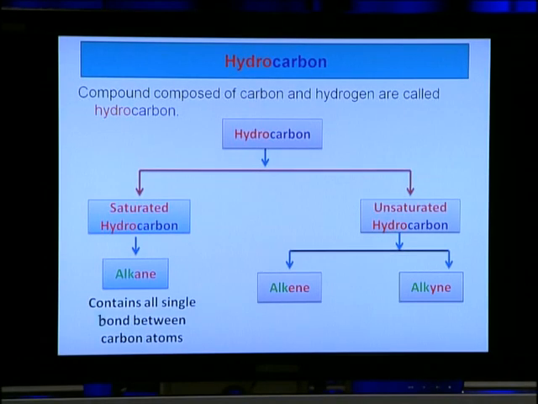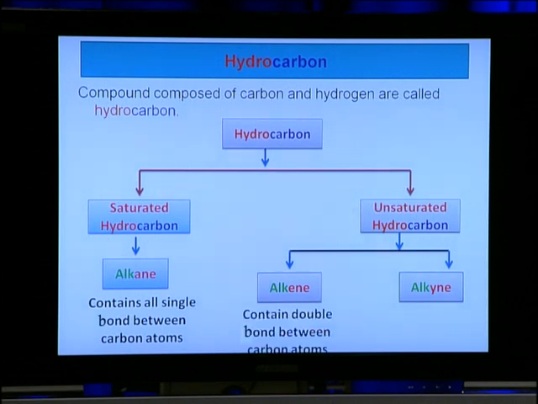As such, alkane contains all single bonds between the carbon atoms. Your focus here should be on just two elements, carbon and hydrogen. So when two or more carbon atoms are attached to form a hydrocarbon, alkane is one class of hydrocarbon which contains single bonds between the carbon atoms.